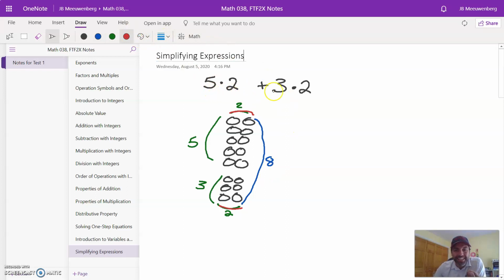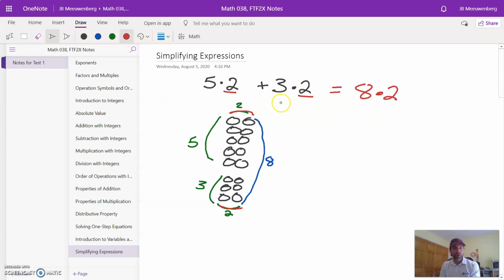Since these two terms are using the exact same number, wouldn't that give us the same thing if we did 8 times 2? Would those answers be the same? And we can see from the visual that they would be. 5 times 2 plus 3 times 2 is the same as 8 times 2.